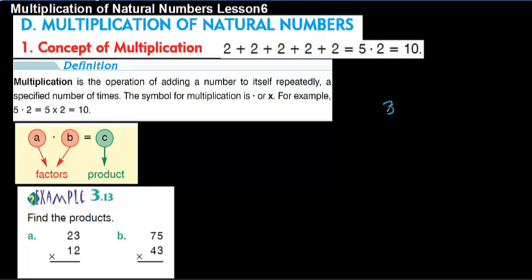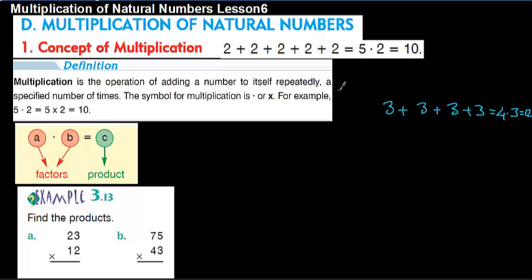Or 3 plus 3 plus 3 plus 3, there are 4 threes here, and the result is 4 times 3, which is equal to 12. You know that 4 times 3 is equal to 12.